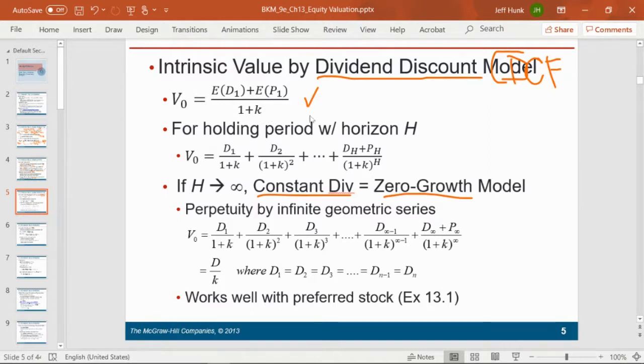So think about it. If we solve this for the numerator, in other words, the left-hand side will be the expected dividend at time 1 plus the expected price at time 1.